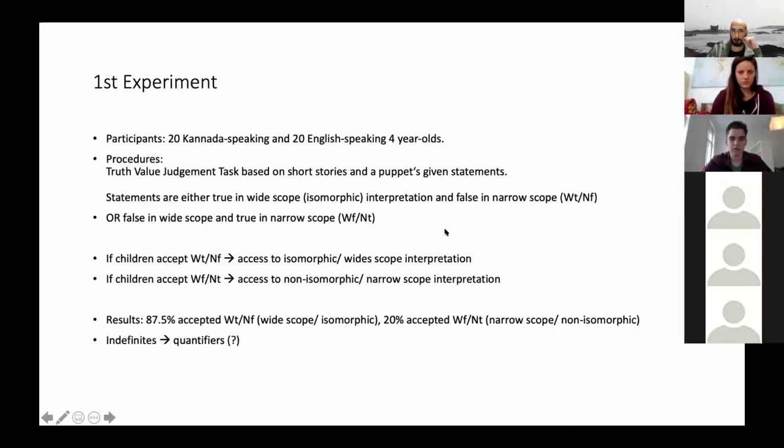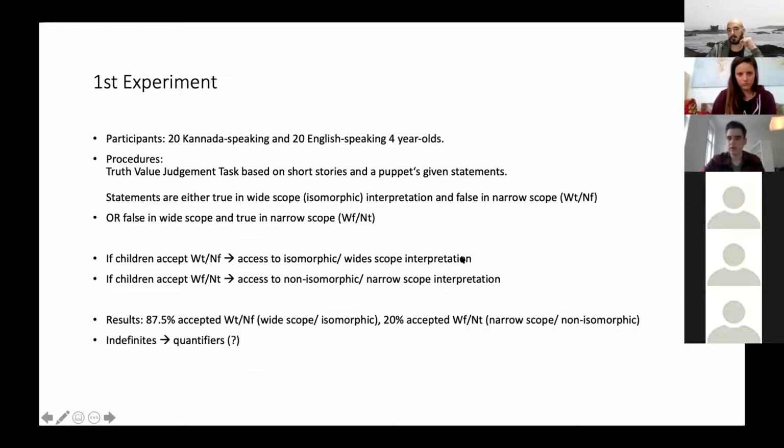Okay, so the statements are either true in wide scope and false in inverse scope, or they are false in wide scope and true in narrow scope. So based on the children's answers, we can tell which interpretation they are accessing.